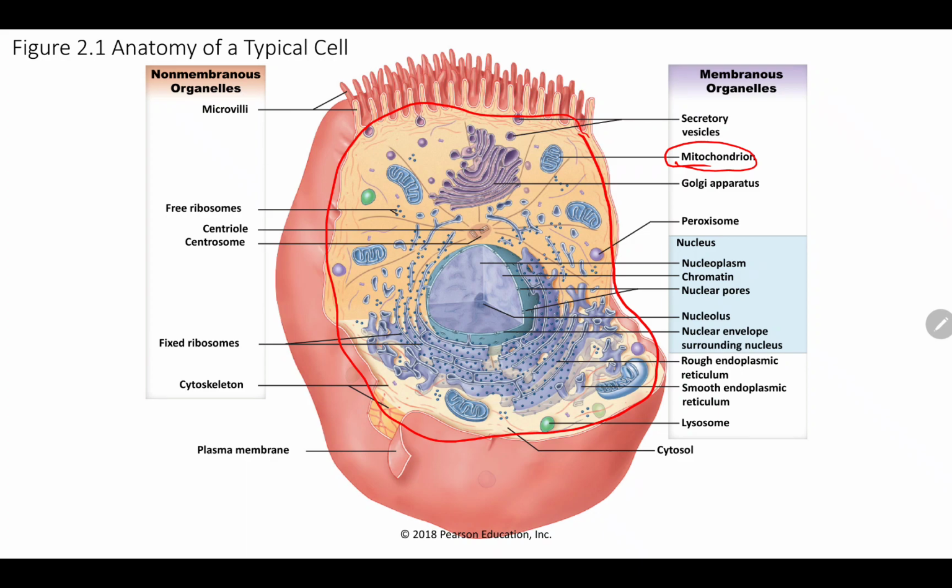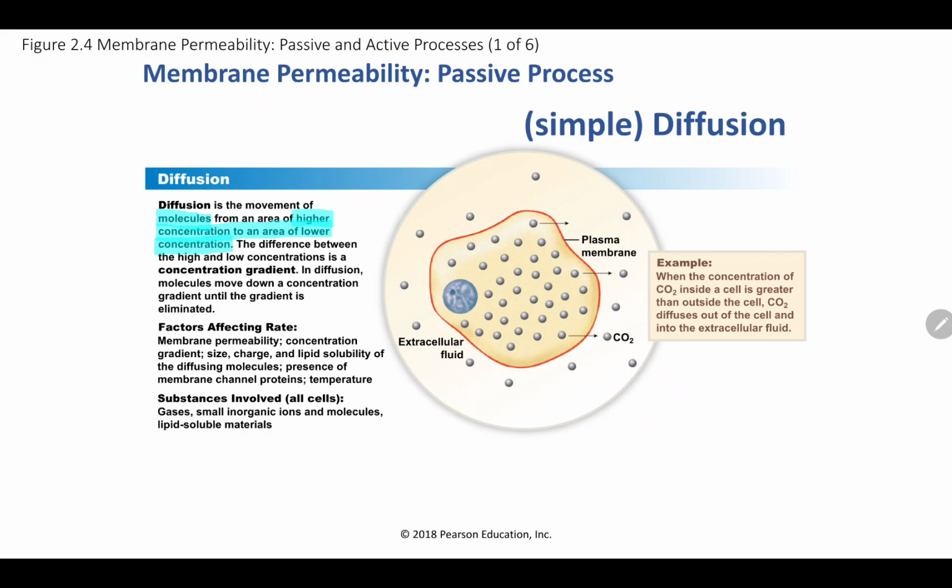The mitochondria are important, responsible for producing energy in the form of ATP within the cell. Remember those ribosomes. We have fixed and free ribosomes, but they are there for protein synthesis. These are where our proteins are made, on the ribosomes. Very important.